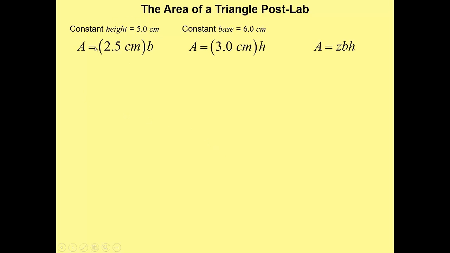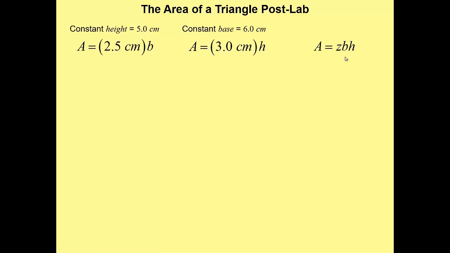Here's the one from our first half of the lab, where we kept the constant height at 5 centimeters and we got a slope of 2.5 centimeters. Here's the one from the second part of our lab, where we kept the base constant at 6 centimeters and our slope was 3.0 centimeters. And here is our general math model with our as yet unknown constant of proportionality, which I'm calling z.